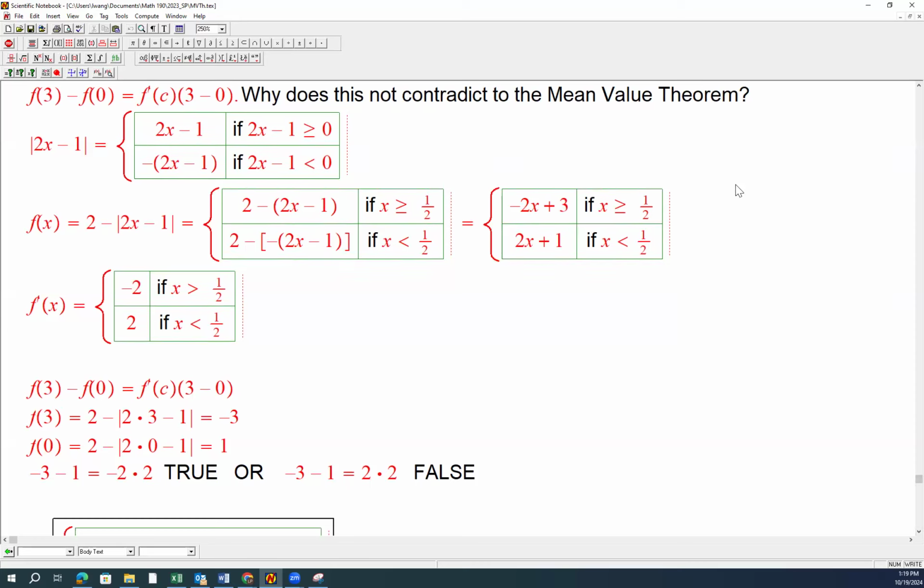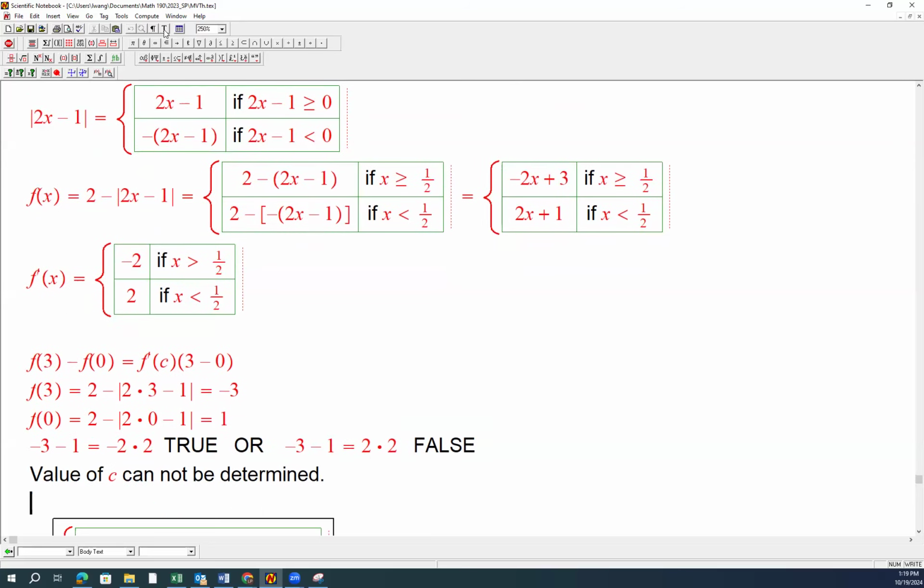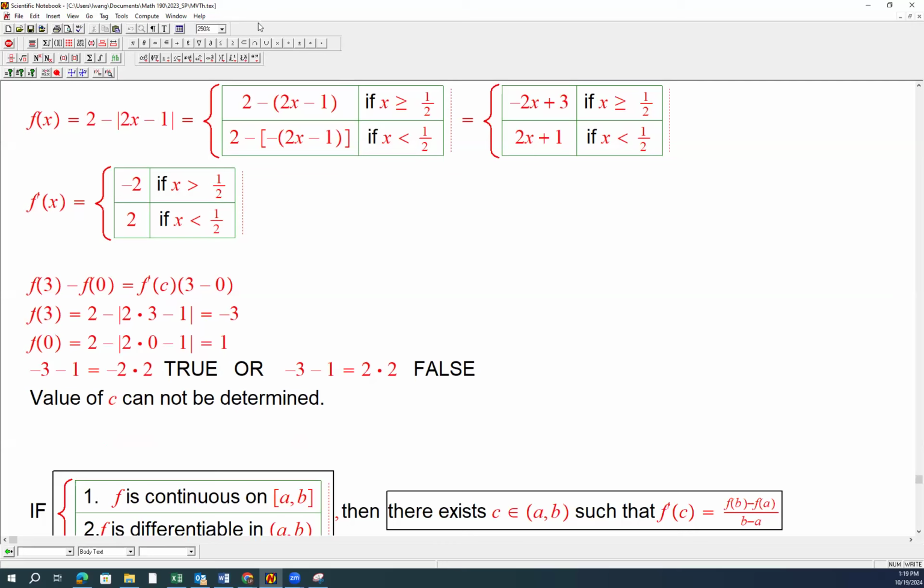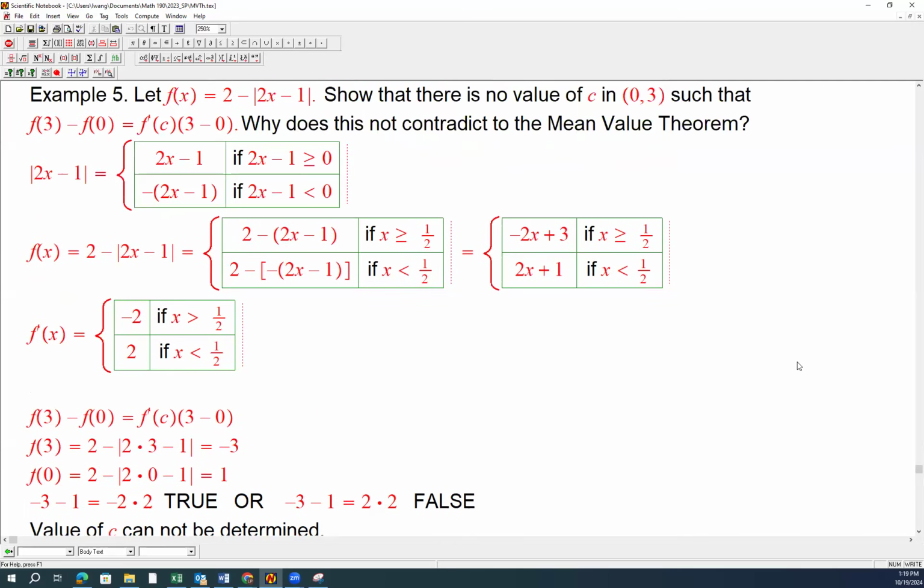The value of C cannot be determined. Now the next question is: is this contradicting the mean value theorem? The answer, of course, is no.